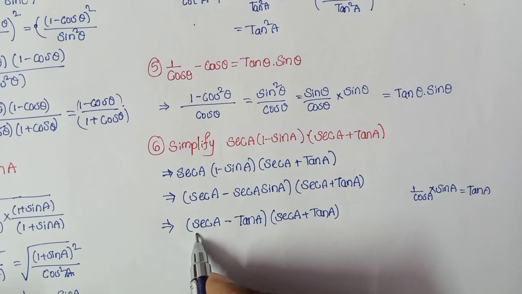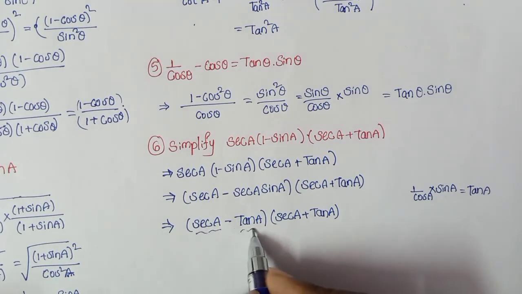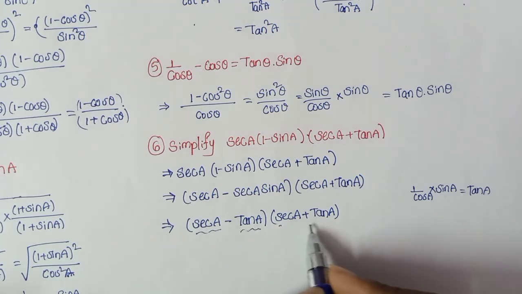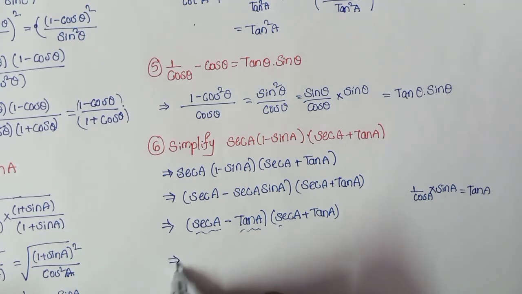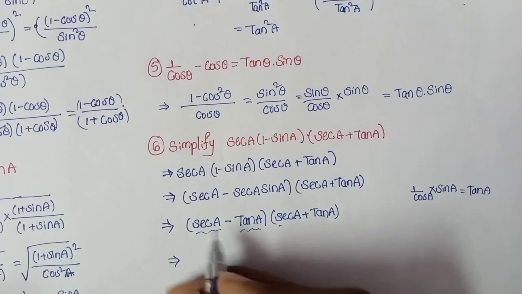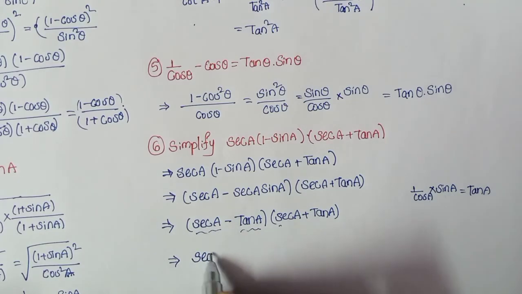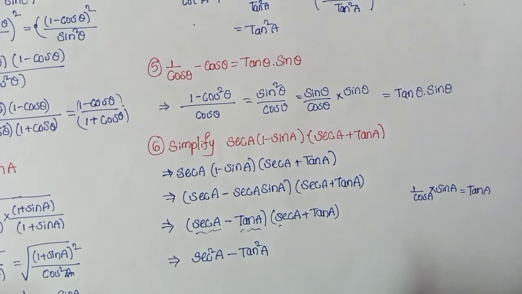If you observe, this is (a minus b) into (a plus b), which gives a square minus b square. That is sec square a minus tan square a. If you observe, this is one of the identities: sec square theta minus tan square theta is equal to 1. So sec square a minus tan square a is equal to 1.